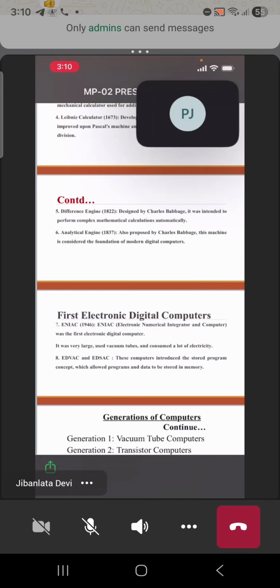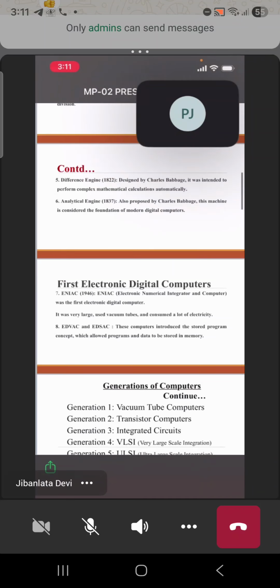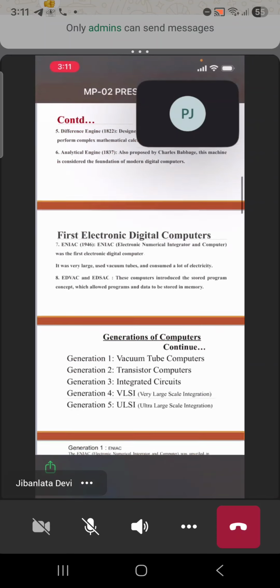In 1822, the difference engine was designed by Charles Babbage, which we have already discussed. In 1837, the analytical engine was proposed by Charles Babbage only. This machine is considered to be the foundation of modern digital computers.